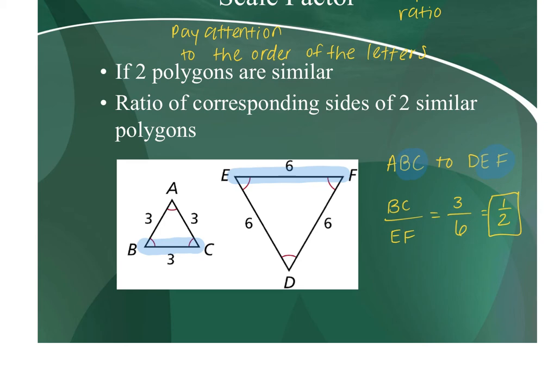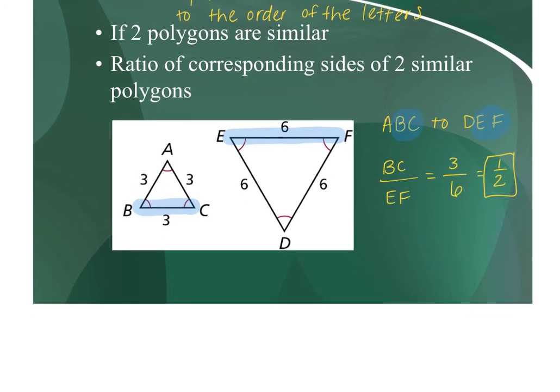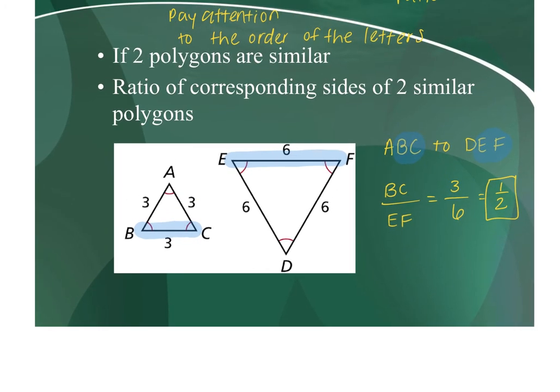I have a question. Go ahead, Teresa. I'm not sure if you already mentioned this, but would it make a difference if you put CB over FE? It does make a difference. Let's say we wrote EF over BC.